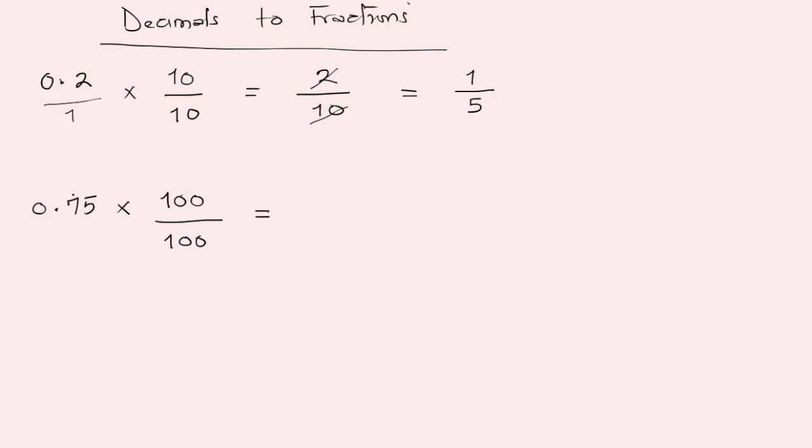This time we are moving the decimal places to the right. If you multiply by 100, move it twice to the right. And that's going to be 75 over 100. If you reduce this to its lowest term, you can just divide both figures by 25. And so 75 divided by 25 is going to be 3, and 100 divided by 25 is going to be 4. So 0.75 is equal to 3 over 4.